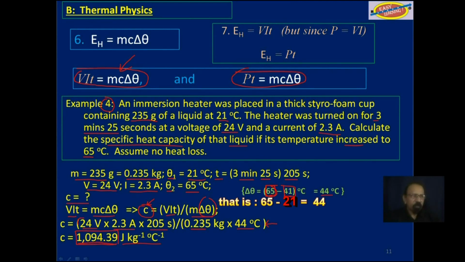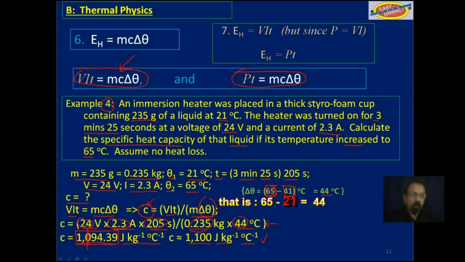So let us see. 2 significant figures, 2 significant figures, 3 significant figures, 3 significant figures, 2 significant figures. Our answer can only have 2 significant figures, so we have to round off at this point, and that would give us 1100 joules per kilogram per degree Celsius, and hopefully that should suffice for CSEC.